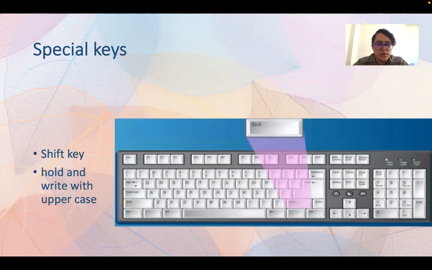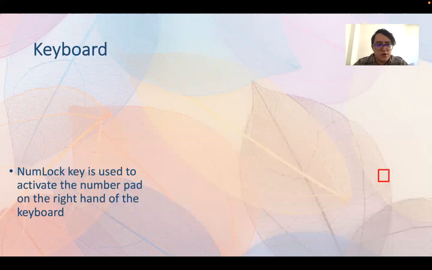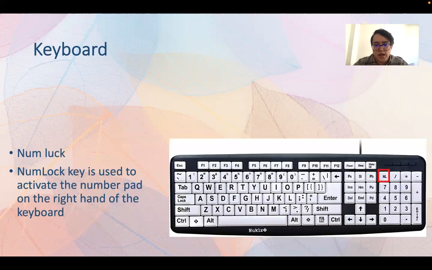Shift key: hold it and write in uppercase. If you hold it, you will write uppercase, and if you don't hold it, it will write normal, small letters. We have tab, which is used to advance the cursor. We have numlock, which activates the right part of the keyboard if you have the extension for the numbers.